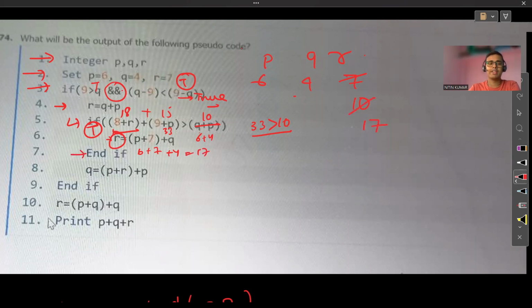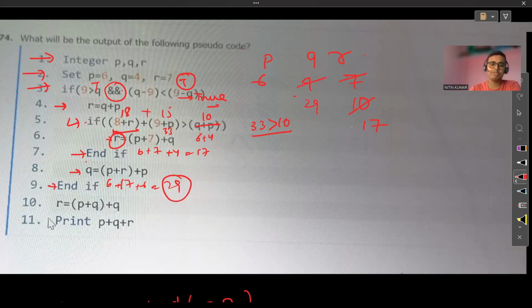Now we are ending this if statement here. Now we move to another instruction, that is Q equal to P plus R plus P. P is 6, R is 17, and again P is 6. If we add them, 17 plus 6 will become 23, and 23 plus 6 will become 29, and it will be assigned to Q. So 29 is now assigned to Q.